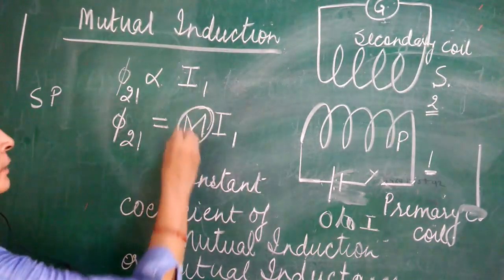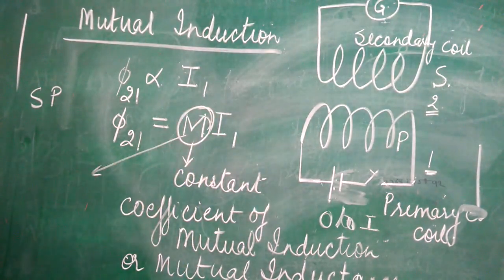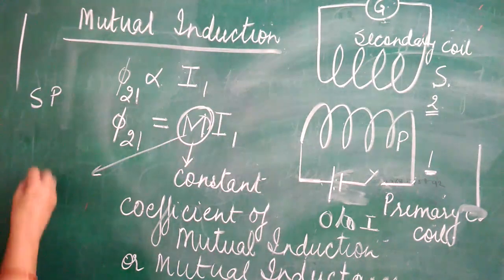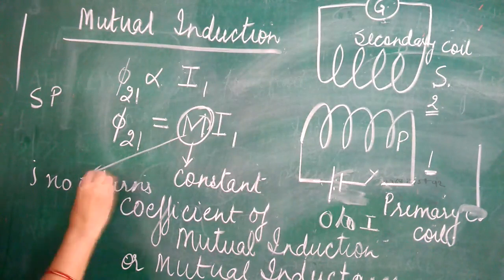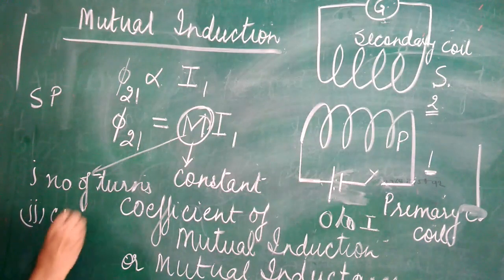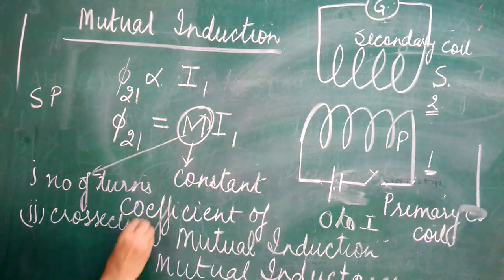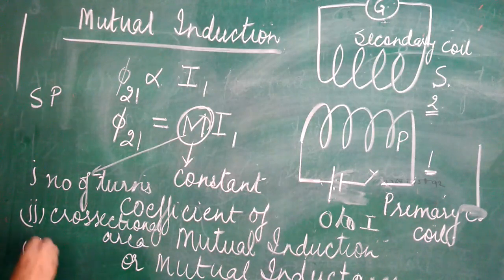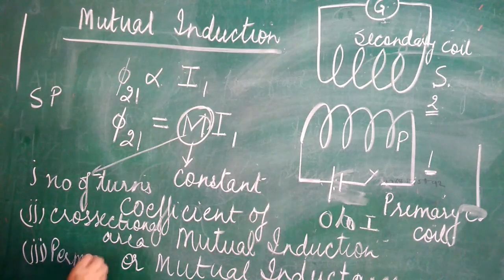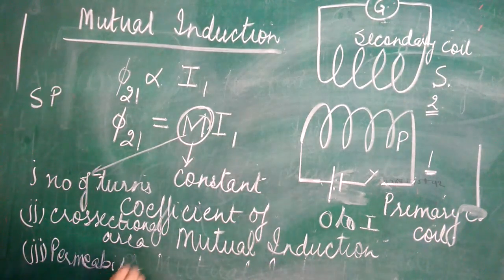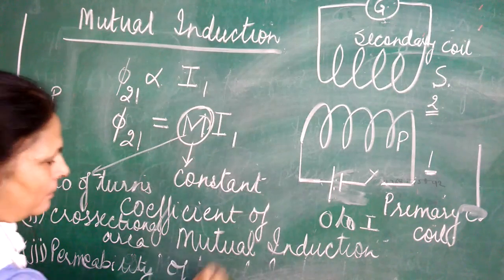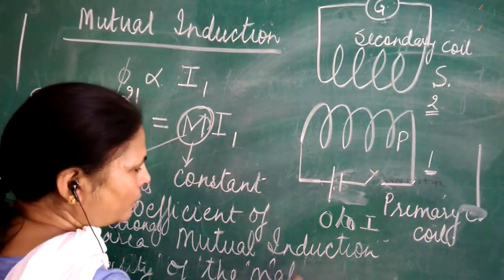Now see the factors on which this M will depend. As you already know, L, the coefficient of self-induction, was dependent upon the number of turns, the area of cross-section of the coil, and also on the permeability of the material on which the coil was wound.